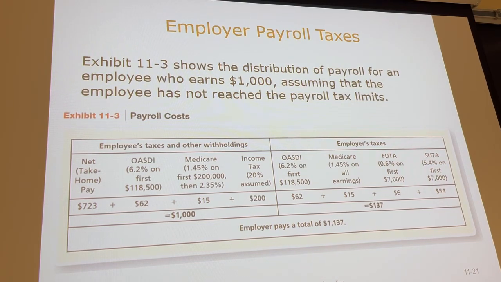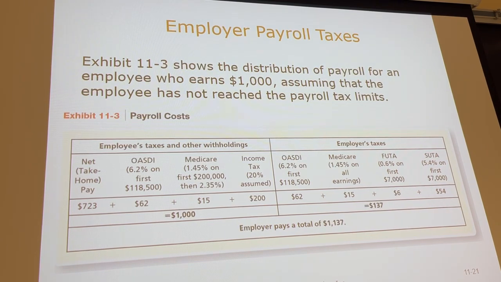And then for SUTA, they give an example here, but that's actually different in every state. So that's kind of an oversimplification. But in this case, they say that SUTA is 5.4% on the first $7,000 of each employee's wages. Now, the way it works in Florida is that if you're a new employer, the SUTA tax starts out at 2.7% of the first $7,000 of each employee's wages.